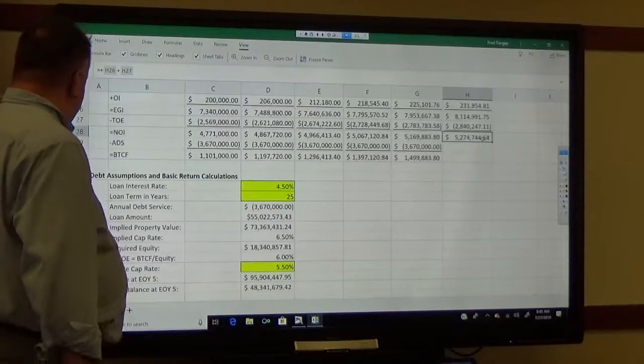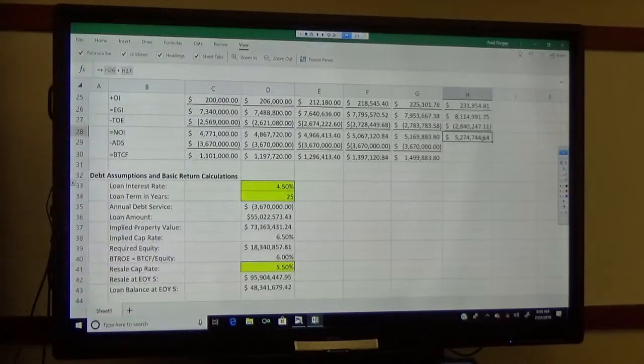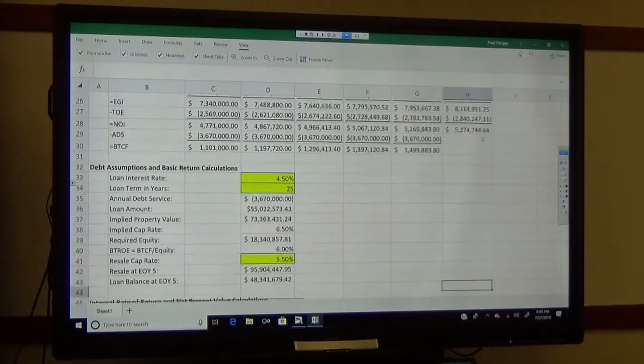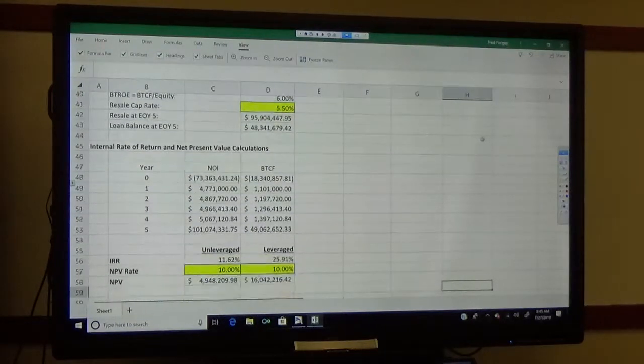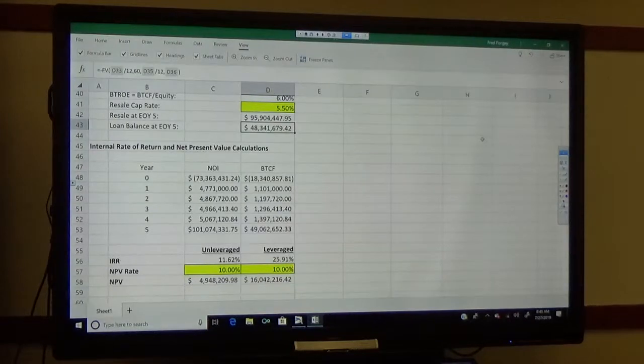All right. So from that, we have one other little calculation we need to do to be able to do some of our return calculations down here. And we have to figure out what our loan balance is at the end of year 5.